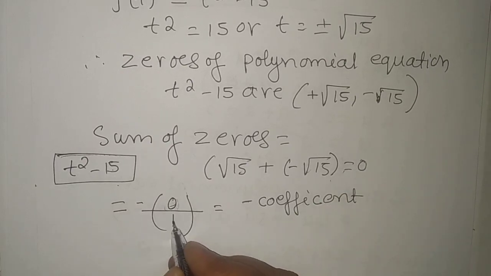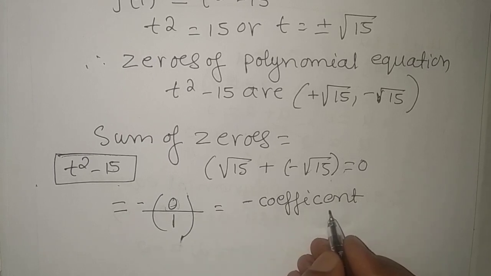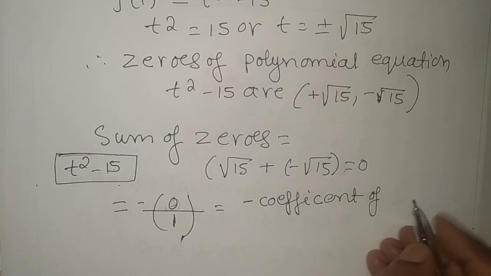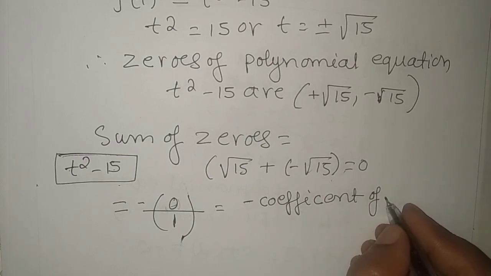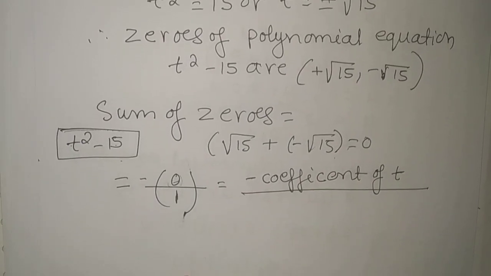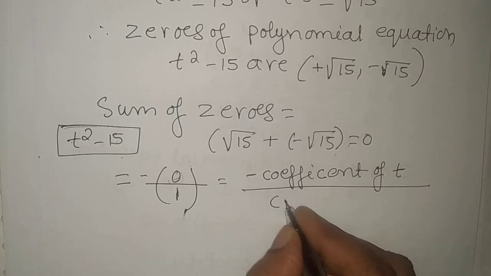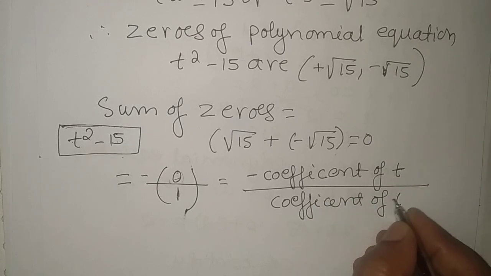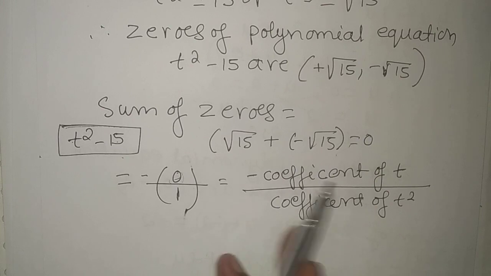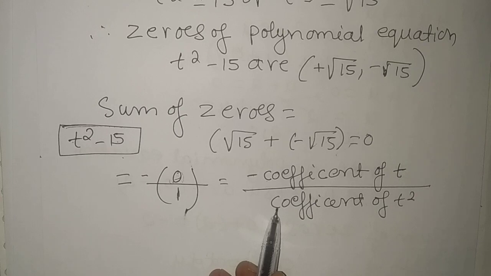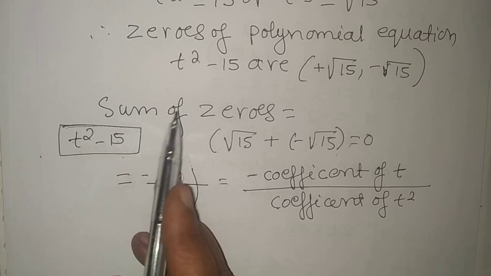Anything we write here, we get 0. The coefficient of t square is 1, because we have 1 here, so 1 we have to write.